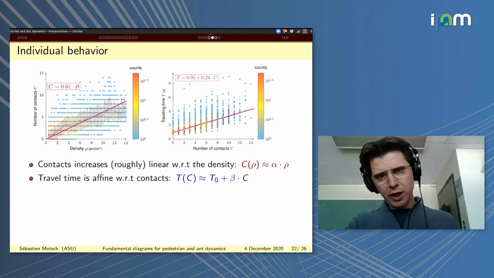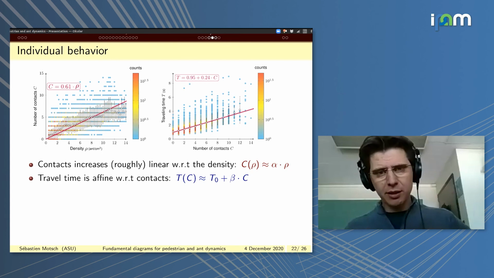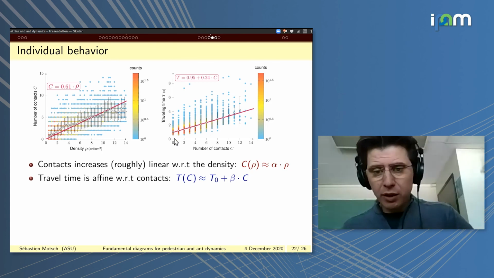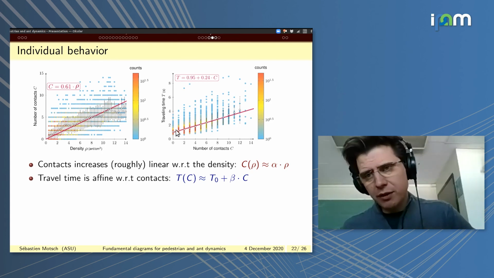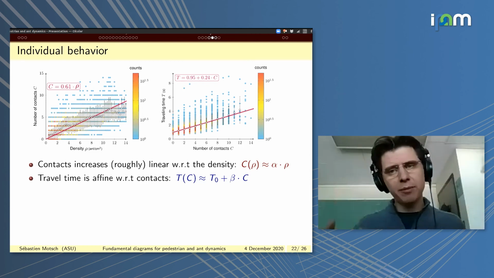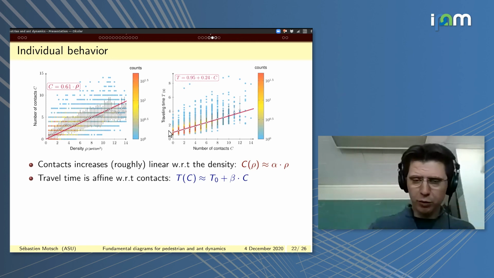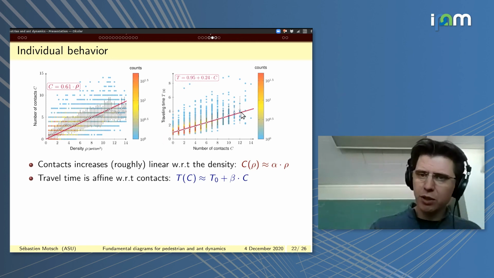With more contacts, travel time increases, because you spend a certain time on each contact, bumping into each other and kind of discussing. It's affine because even if there's no contact, you spend some time to cross. That's the travel time even if there's no one: how much time it takes to cross this portion of the bridge. And then it increases linearly with the number of contacts.